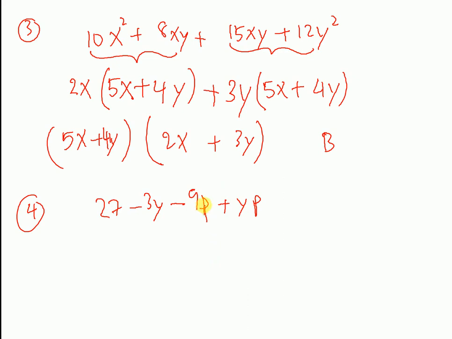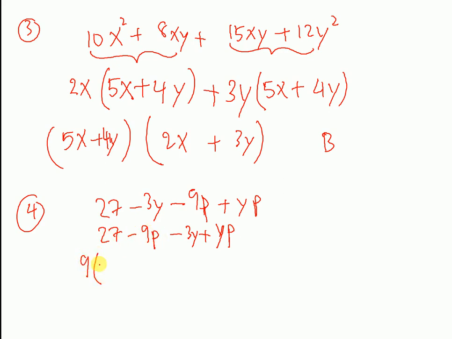Actually, because there's a y term here, the y can go with the y, and 9 can also go with 27. So we can rewrite them. 27, let's go with 9p, and the 3y goes with yp here.